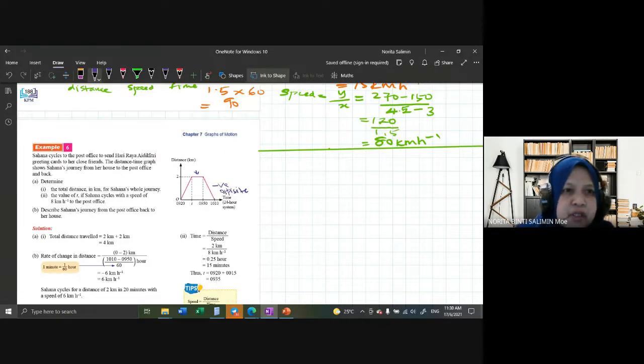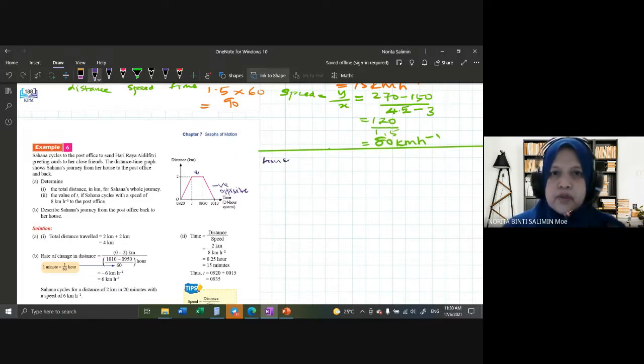So the total distance. Determine the total distance in kilometers of Sana's whole journey. She goes to the post office. How many kilometers from her house to the post office? 2 kilometers.